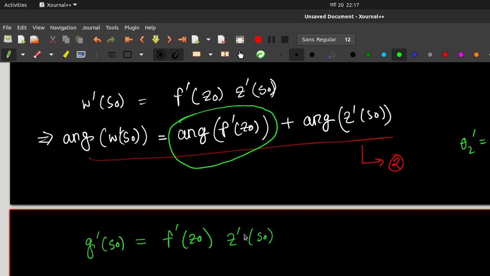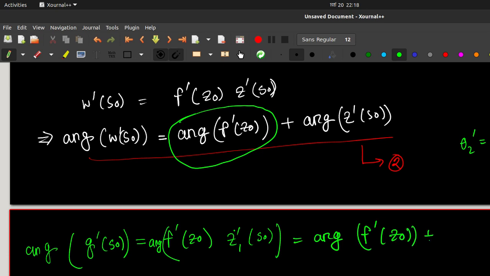And if you want to distinguish that this is for the second curve, you can always put z1 over here. Okay, and now again you can take the arguments. The argument of this whole thing would be equal to the argument of f prime of z naught plus the argument of z1 prime of s naught.